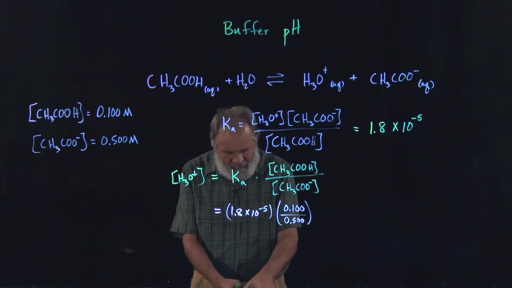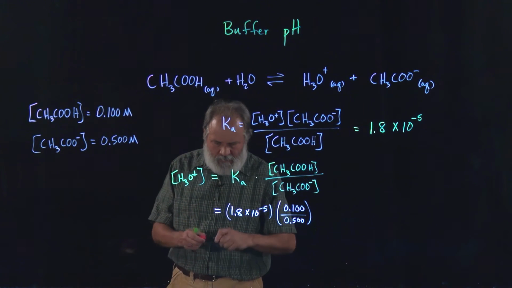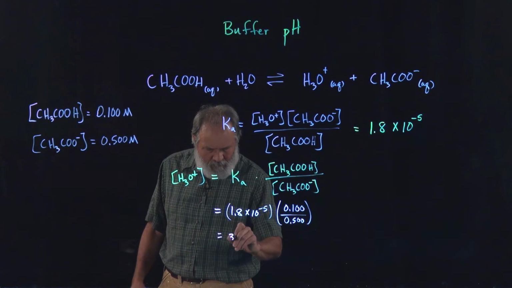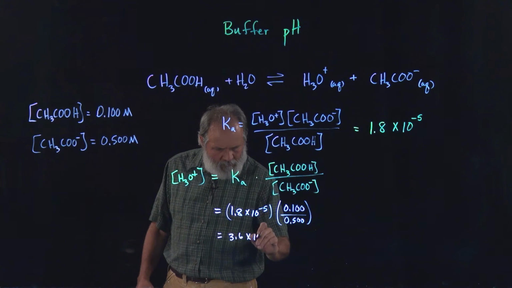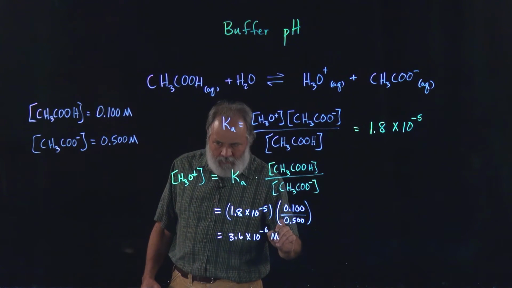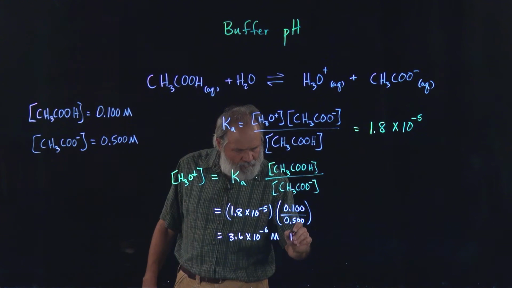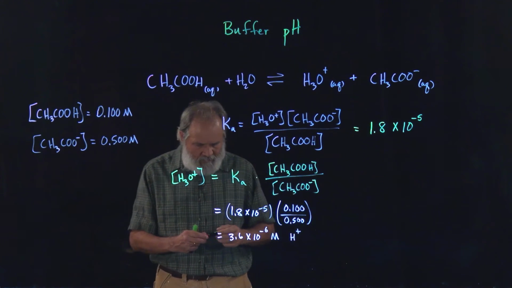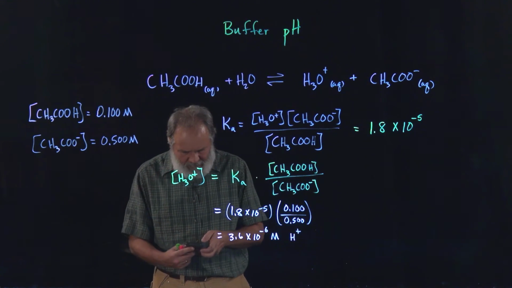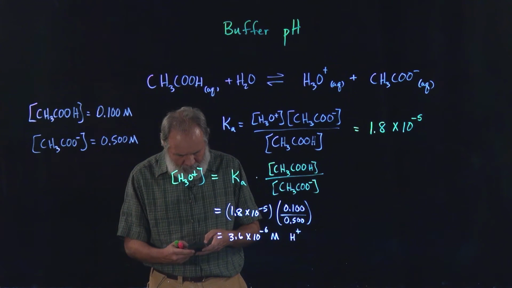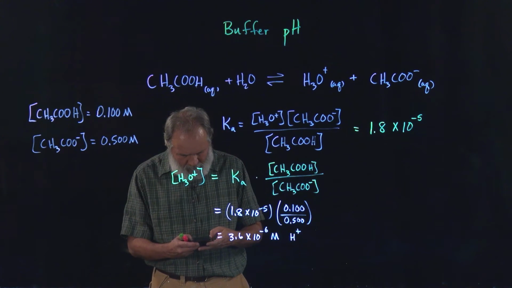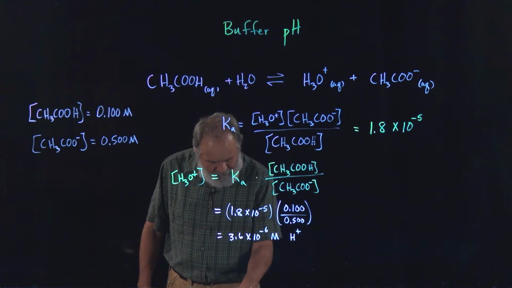And we get 3.6 times 10 to the minus 6 molar hydronium, or H plus. And so we just do minus log of that and get 5.44.